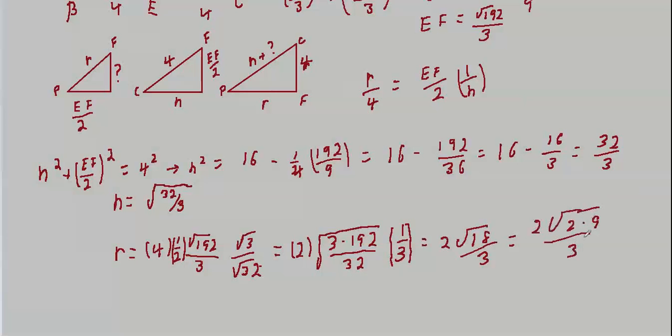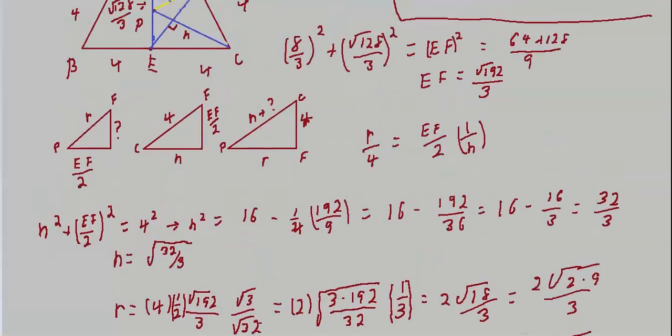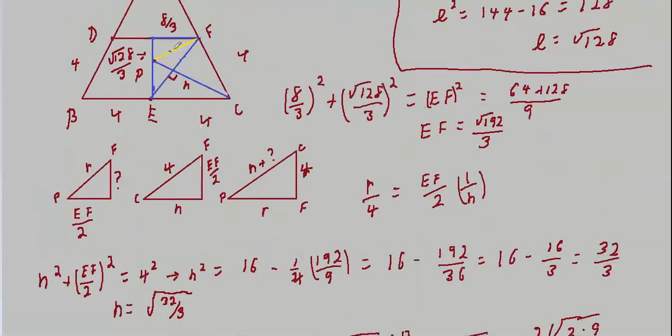Over 3, we can separate this as a square root of 2 times the square root of 9. Well, square root of 9 is 3. So the 3's will cancel, and we'll end up with 2 times the square root of 2. And that's way back up here. That is, in fact, the radius up here, r, equals 2 times the square root of 2.